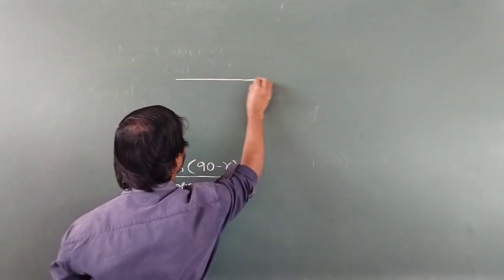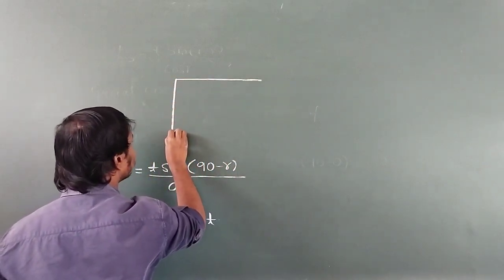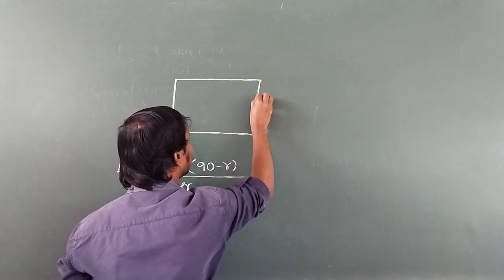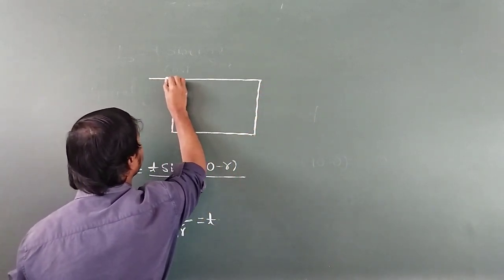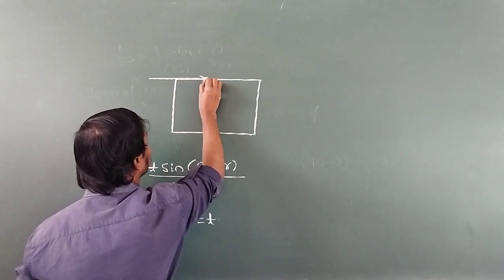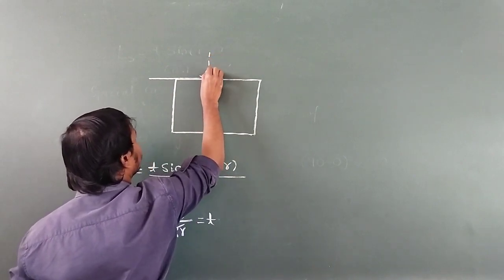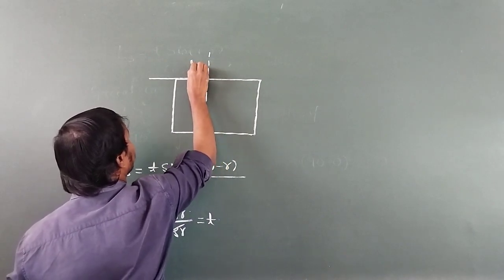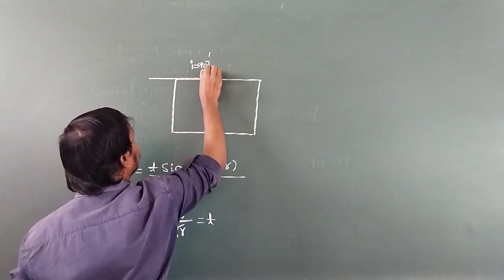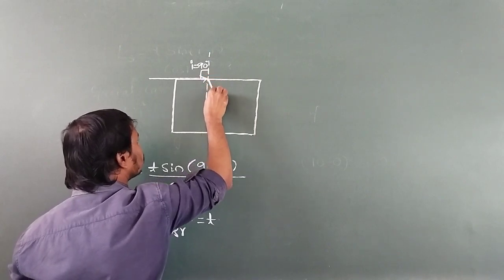This is glass slab. If the incident ray grazes along the refracting surface, this is the incident ray, it grazes along the surface. Now let us take the normal. Then here the angle of incidence is how much? 90 degree. And this ray undergoes refraction.